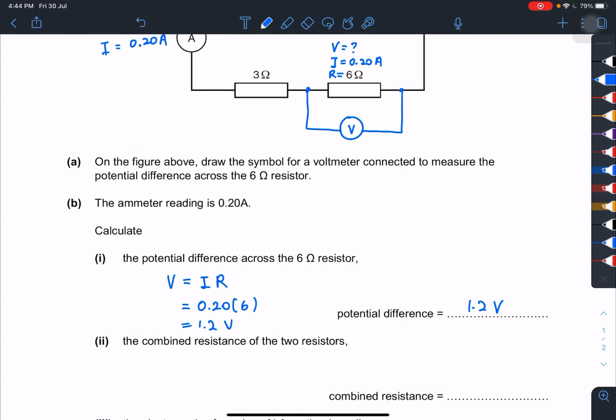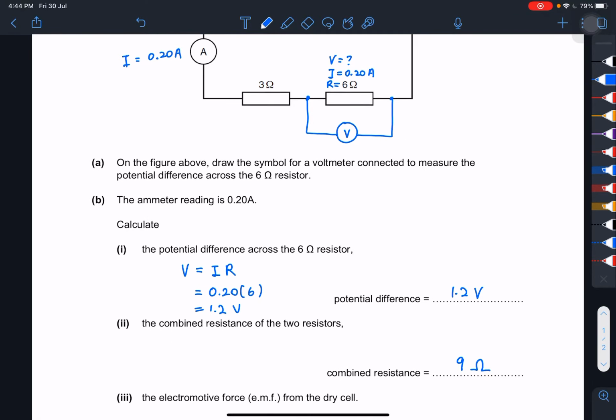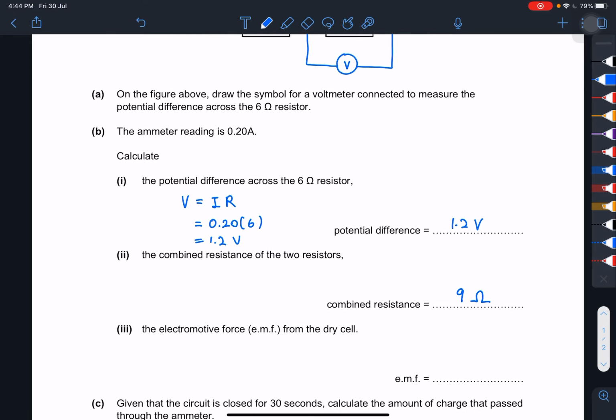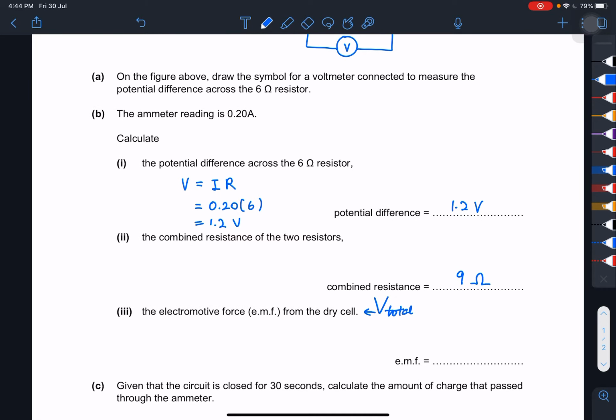Okay, next, the combined resistance of two resistors. This is a series circuit, so these two resistors added up will give us 9 ohms. Next, to find the electromotive force from the dry cell. In a way, we're looking for the total potential difference, or looking for the V total. In order to look for the V total, we need the total current and the total resistance.